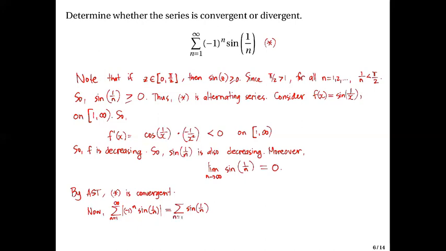So we sum them up as n runs from 1 up to plus infinity. And how do we determine the convergence of this? We can use the limit comparison test.